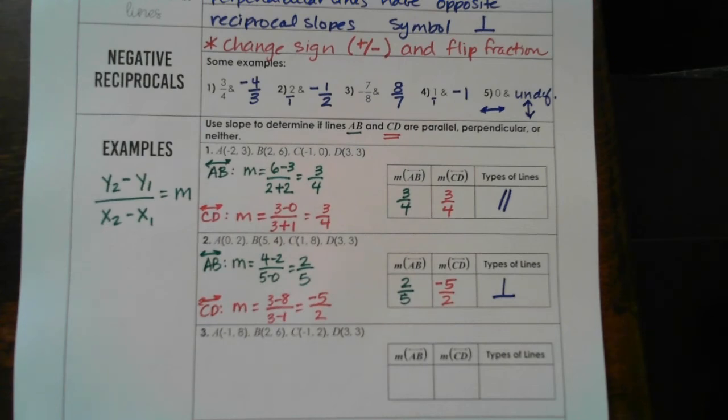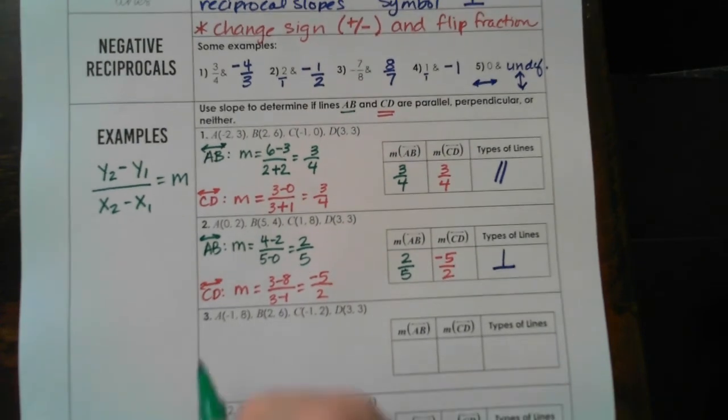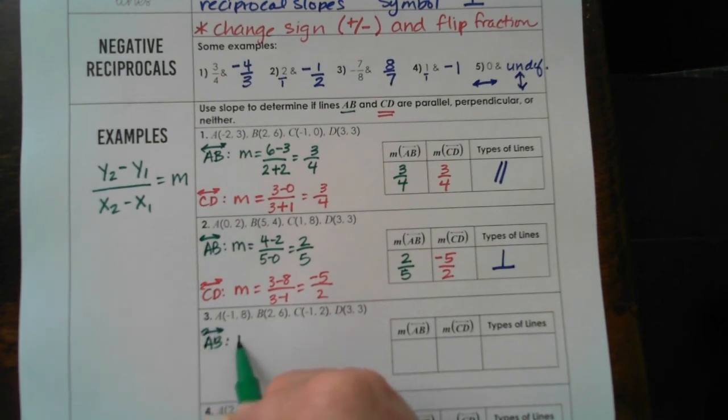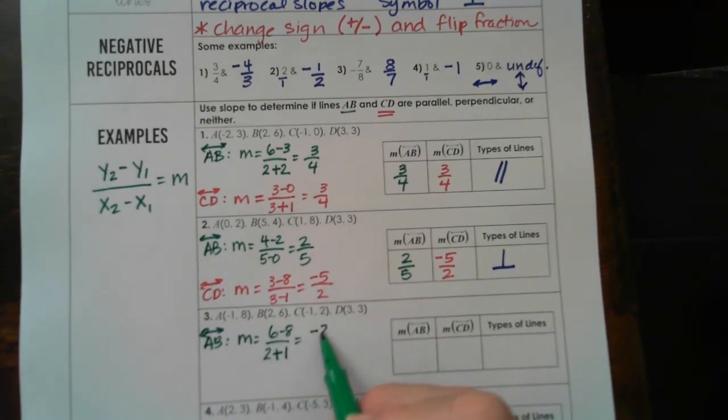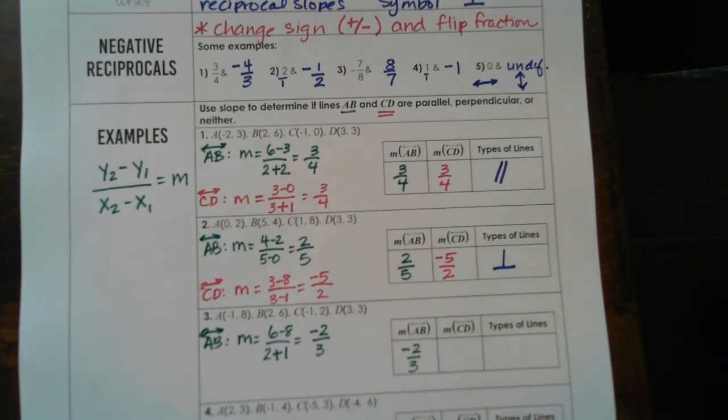In problem number 3, we have line AB that has a slope, looking at line, 6 minus 8 over 2 minus negative 1. 2 minus negative 1 turns it into plus. So we've got 6 minus 8 is negative 2 over 2 plus 1 is 3. We've got negative 2/3.